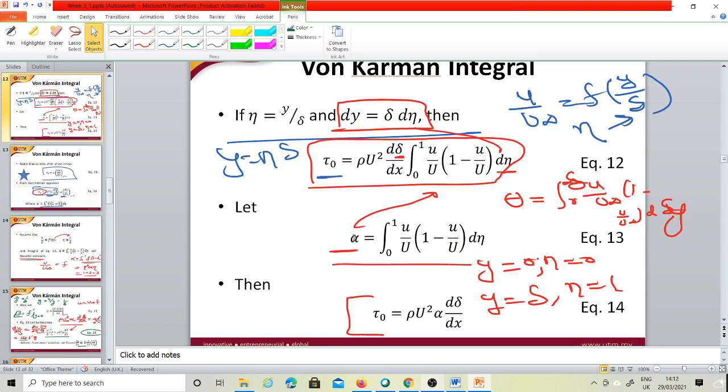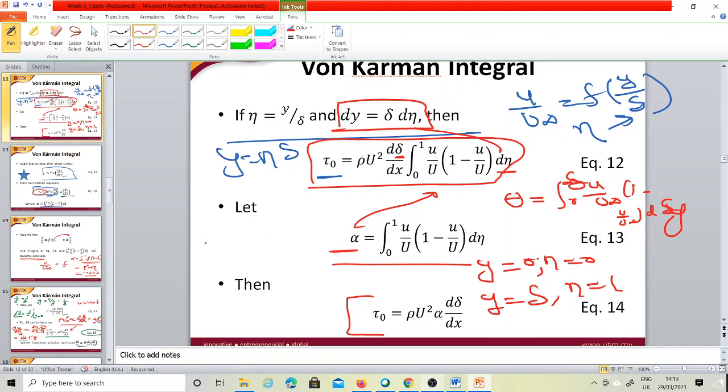So your alpha will be, if you substitute this eta, your f, right, u by U in this case, just put the expression, it should be 2 eta minus eta square.